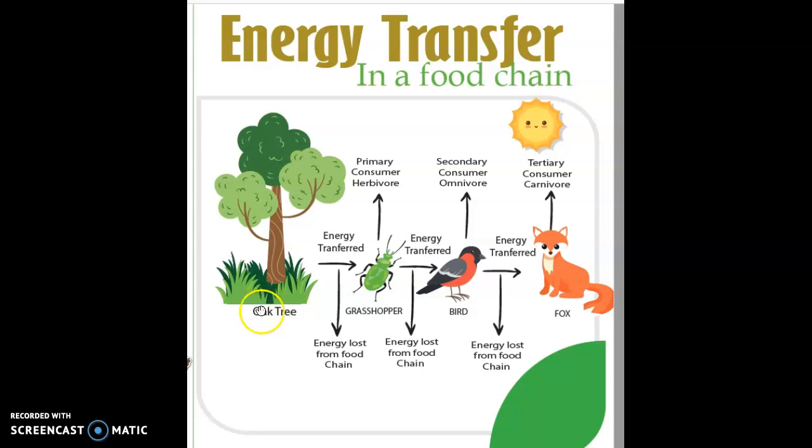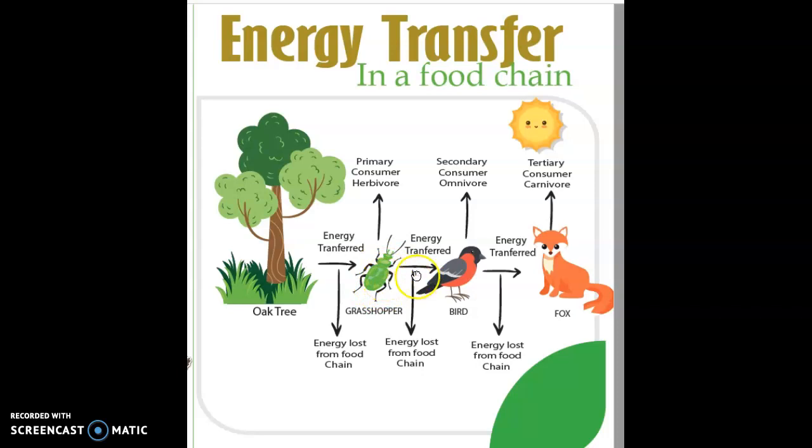The oak tree receives energy from the sun's light, and the process of photosynthesis helps the plant to produce food. Then the grasshopper eats some leaves of the tree, and the energy of the plant is transferred to the grasshopper.